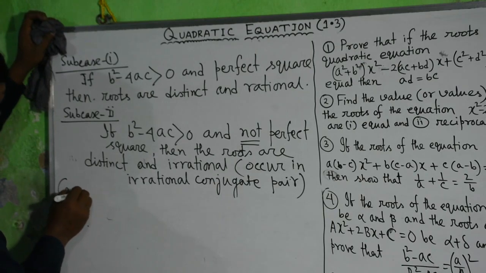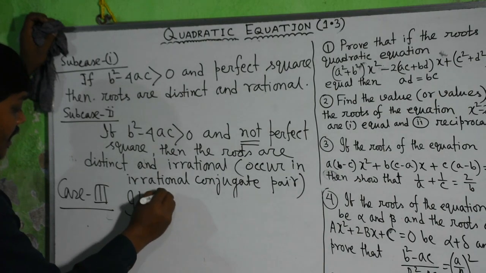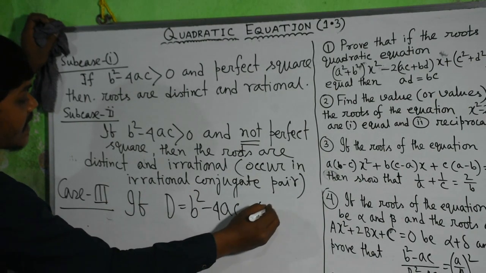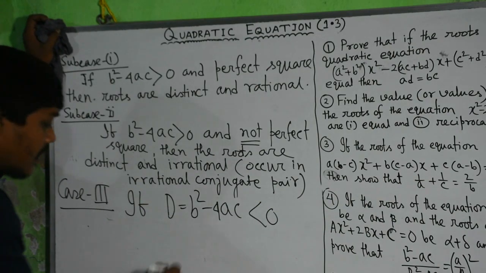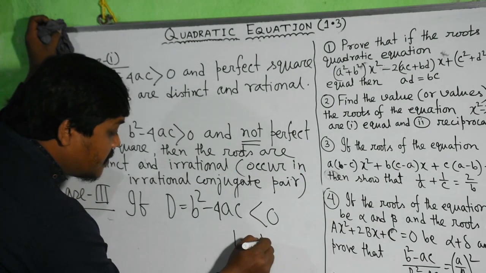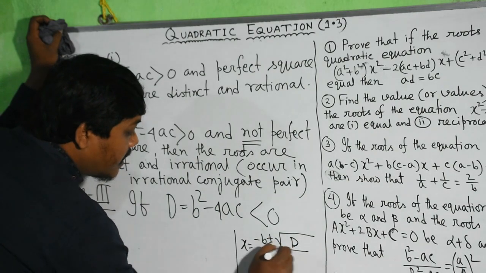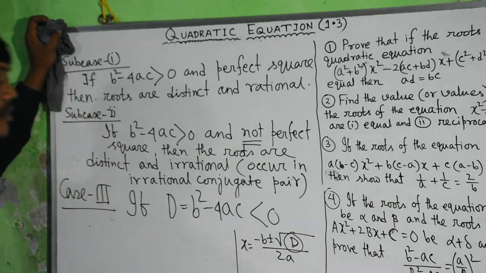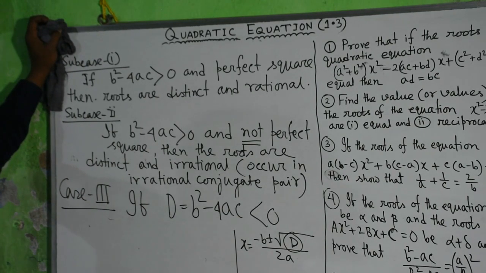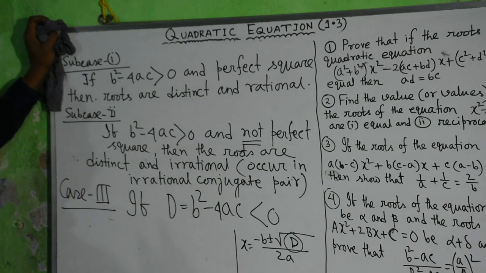Case 3: if D, or b square minus 4ac, is less than 0, you see the expression I have written, minus b plus minus root D by 2a. If D is negative, the square root of a negative number must be a complex number. I have already introduced this in the previous part.